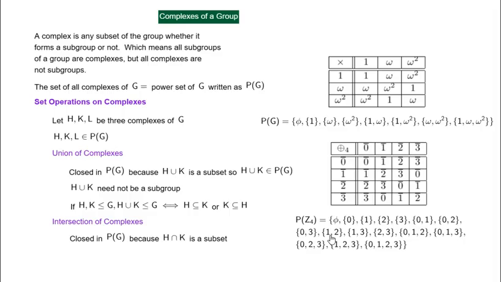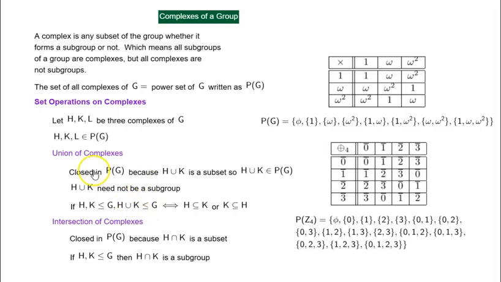Similarly here, let's take 1, 2 and 1, 2, 3. The intersection will contain 1, 2, which is there here. So if H and K are subgroups of G, then H intersection K is also a subgroup.